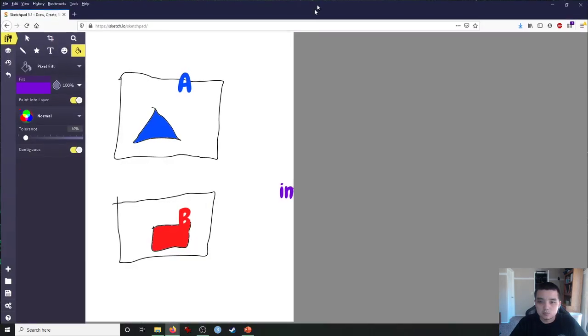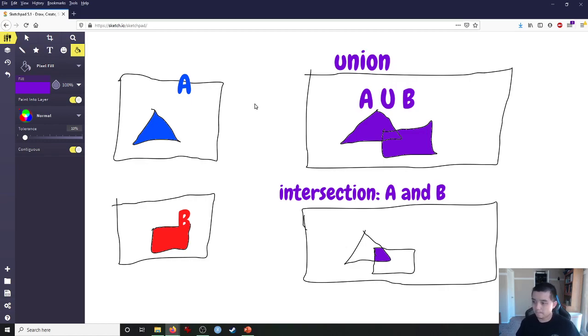And that's the intersection. So in other words, the union is bigger than the intersection. Bigger or equal to in size.